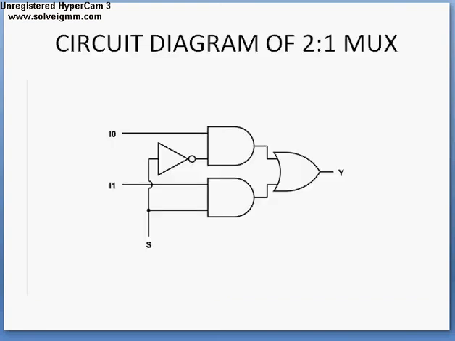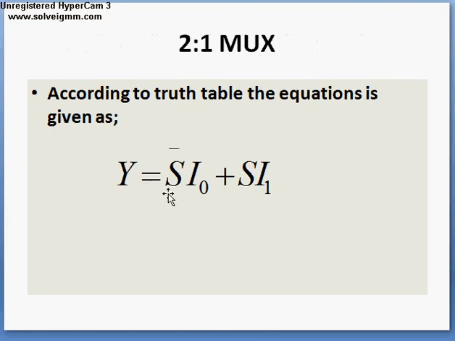That is what the circuit diagram of this 2:1 multiplexer looks like. Here one AND gate gives you s bar I0, the second AND gate will give you I1 and s, and this OR gate will give you the whole summation of the two multiplication terms. That is, this y is equal to s bar I0 plus s I1.